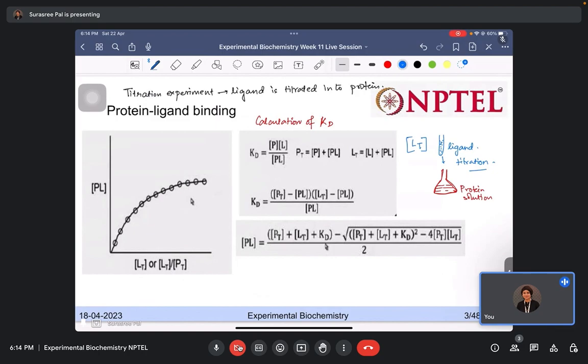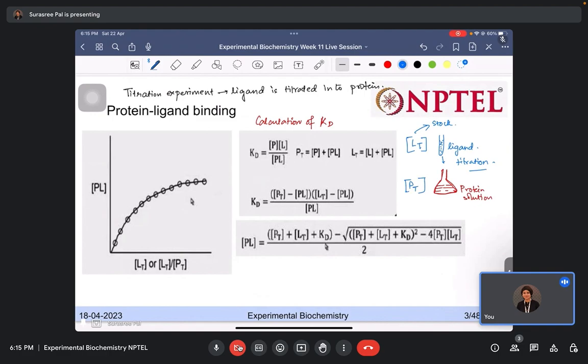So the total ligand concentration is known to us, as this will be the stock solution of the ligand. But when this ligand is added drop by drop into the protein solution, we do not know the concentration of that particular ligand in the protein solution. We do not have any information about that, but we have information of the total protein concentration, right? So the total protein concentration is known to us.